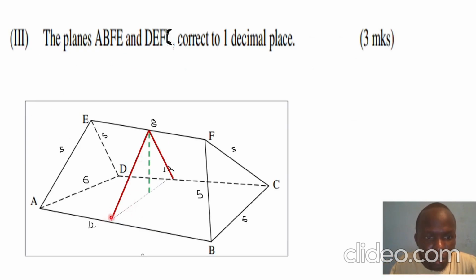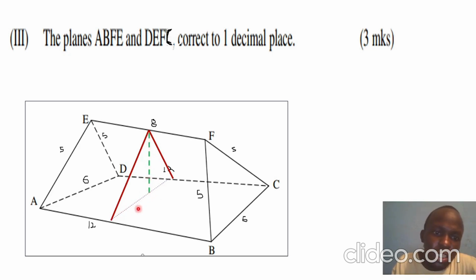The distance from this point to this point is 3, and because that distance is 3 centimeters, we are going to relate root 12 to 3. So we say root 12, which is the opposite, divided by the adjacent.